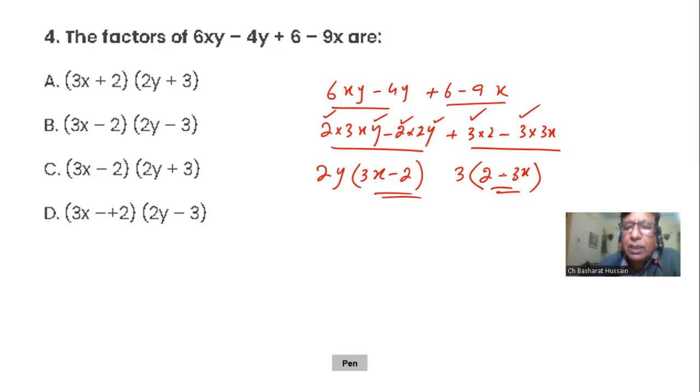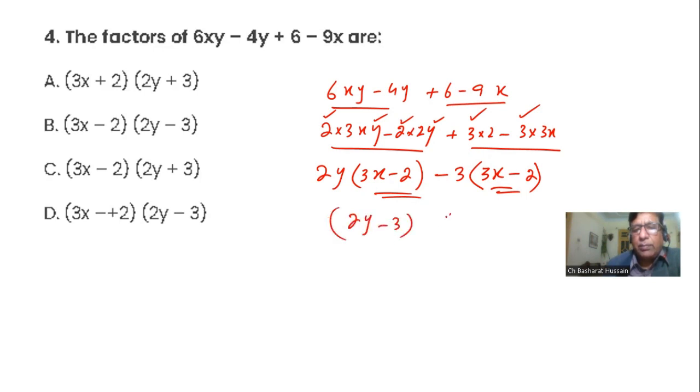As these are different, change the sign. How do we change the sign? We take minus common. When you take minus common, this minus changes into plus and this plus changes into minus. So you can write over here: now see again, 3x minus 2, 3x minus 2.